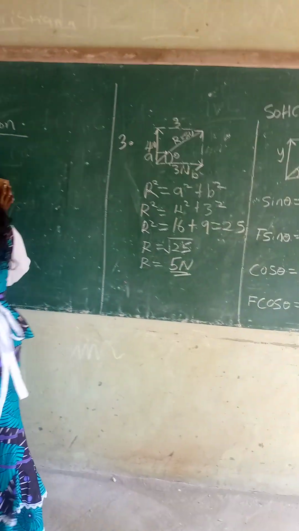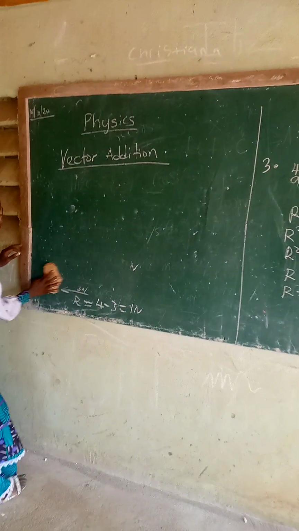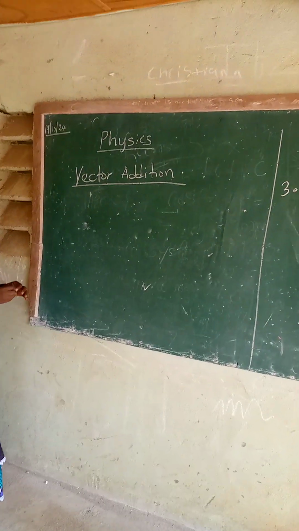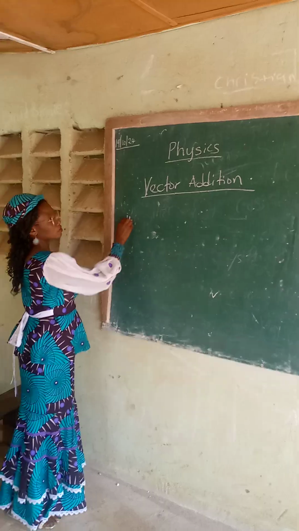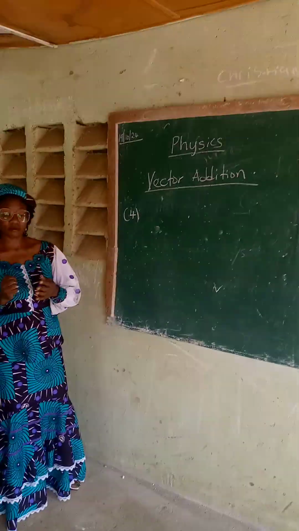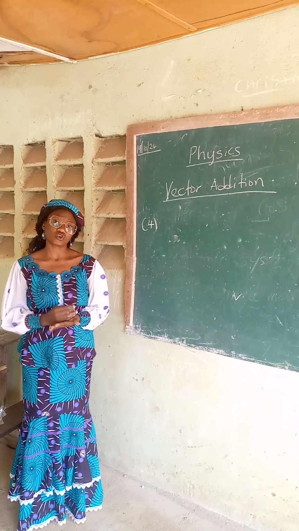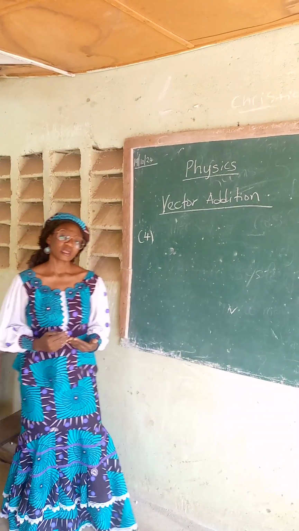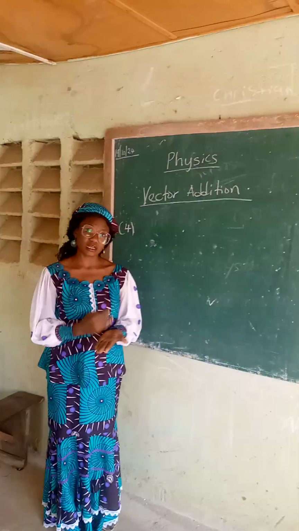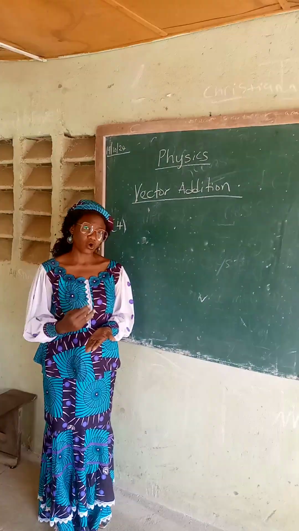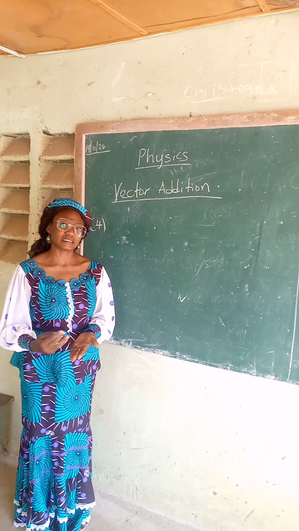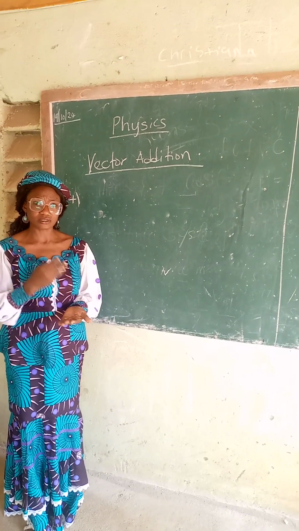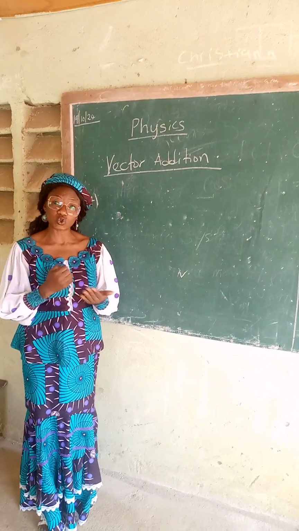Now, rule number 4. If the two vectors are inclined at an angle less than 90 degrees or at an angle greater than 90 degrees, that means if the two vectors are inclined at an angle which is less than 90 degrees, that's called the acute angle.